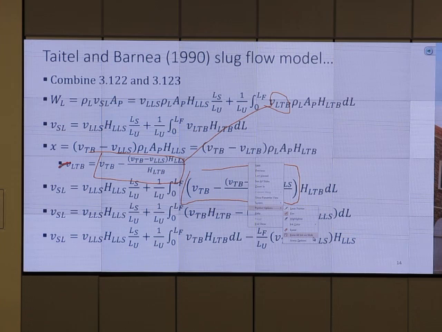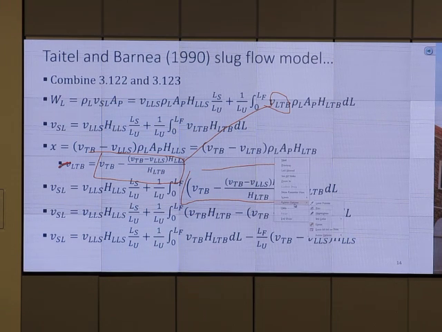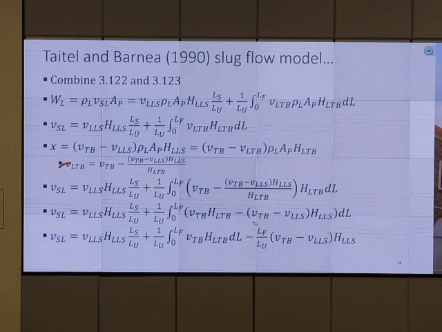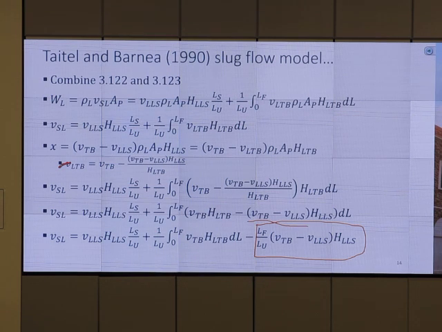Next, Sweta, how do I do the integration? How do I get this term? The last term, where is that from? Integrating that part, VTB minus VLLS. Okay, integrate that part.